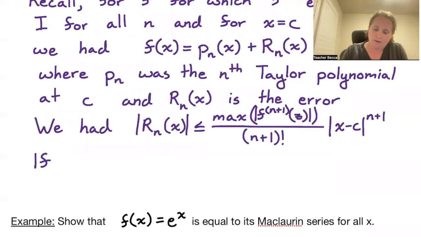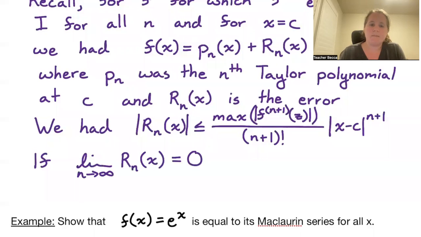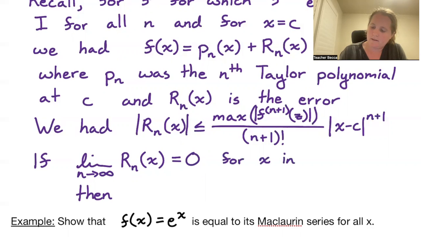So if our R sub n of x's go to 0, so in other words, if the limit as n goes to infinity of R sub n of x is equal to 0 for all x in I, then f of x equals its Taylor series.